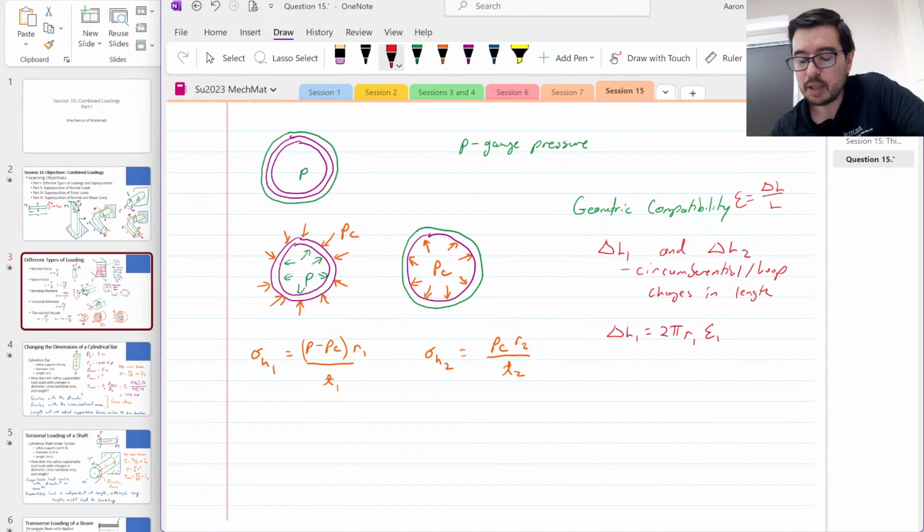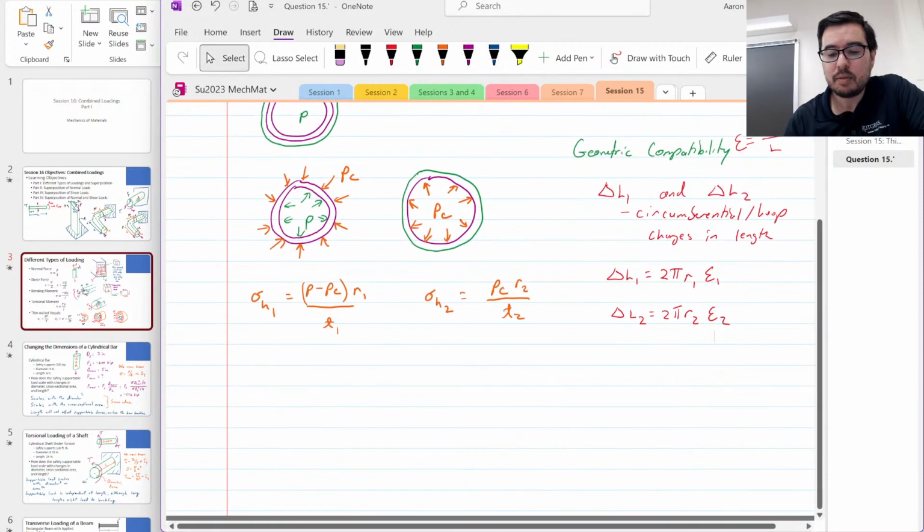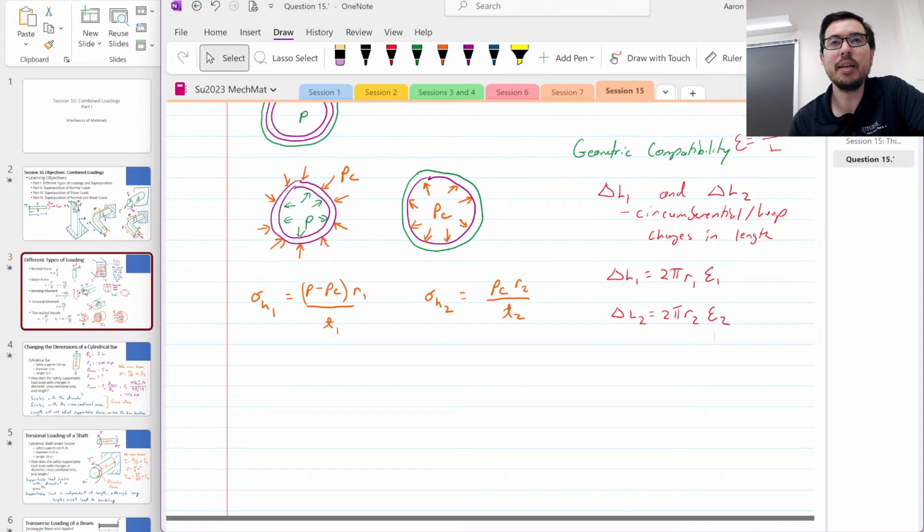So now what we're saying is that delta L2 is that. What's missing? Well, we're missing the relationship between the stress and the strain. But we know that, because we have the elasticities.